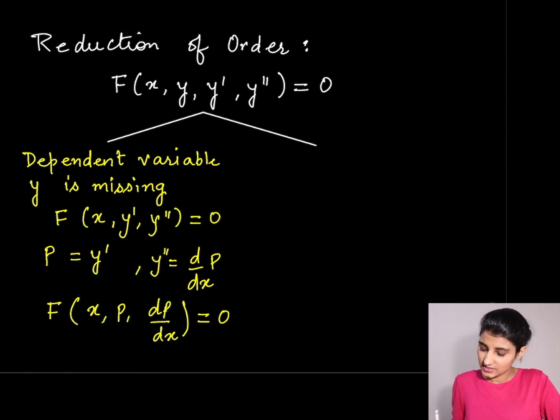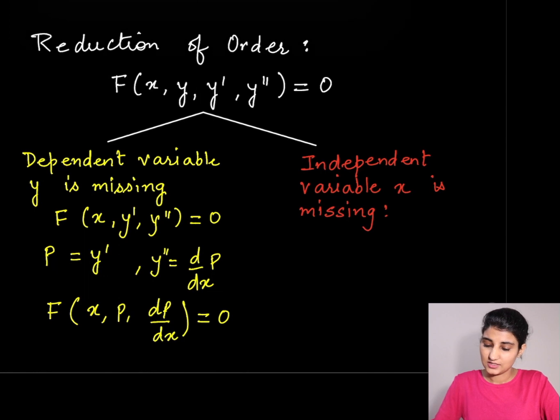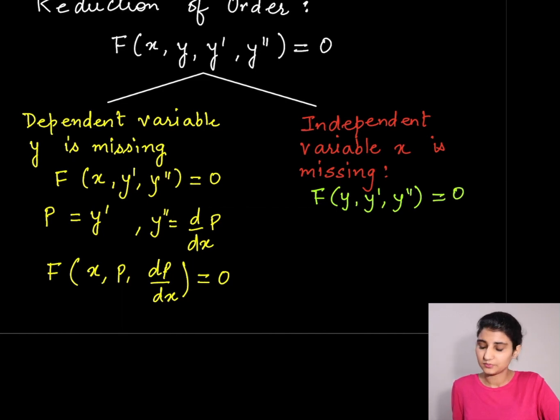The second case is when the independent variable is missing. Here we chose our independent variable as x. If the independent variable is missing, in that case our equation will be of the form f of y, y prime, y double prime equal to 0, right?